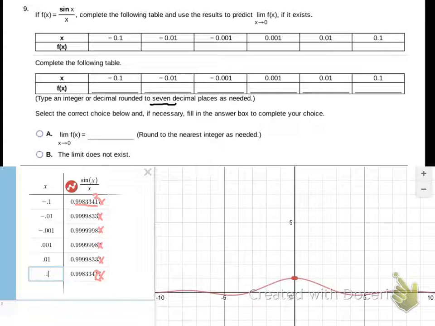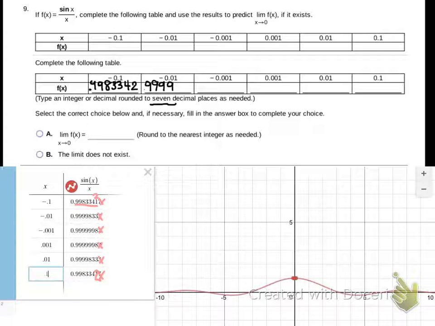All right, and now let's record our answers in our table. So that is 0.998. I don't know who thought 7 decimal places was necessary. That was not me. 0.9983342. And then 0.999, oh, one more 9.